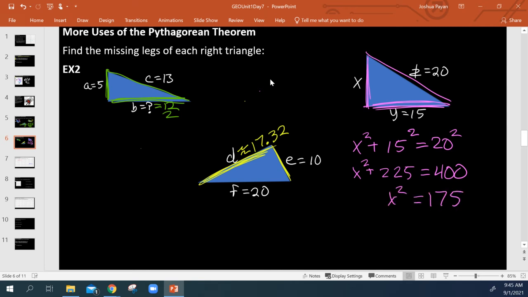So x squared equals 175, square root of both sides. And we're left with x is approximately 13.23. And just for future reference, in this class, we'll always round to the nearest hundredth with decimals.